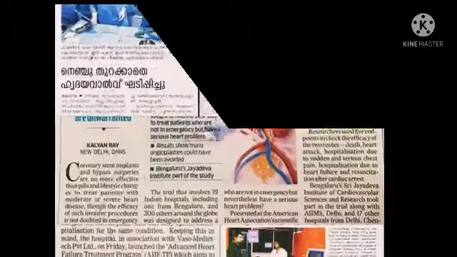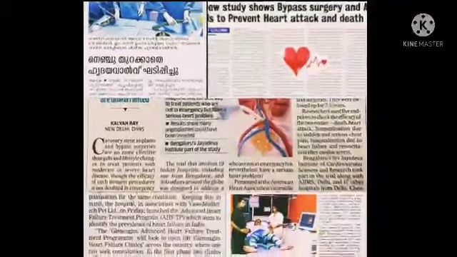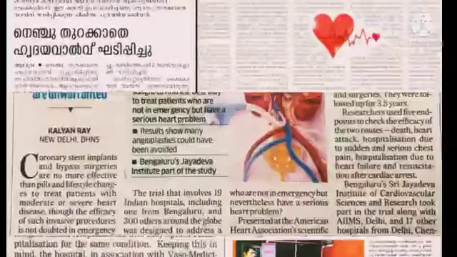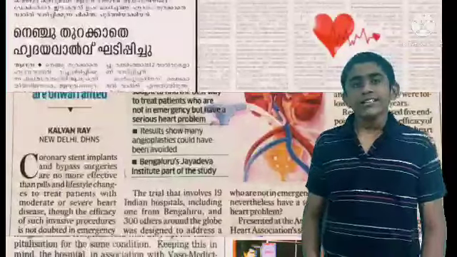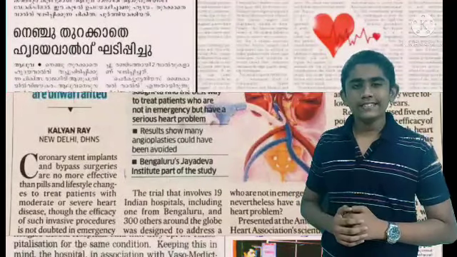Before starting the class, I will show you some images. Did you watch the images? It is information or news about the heart. Now, where is this heart situated?